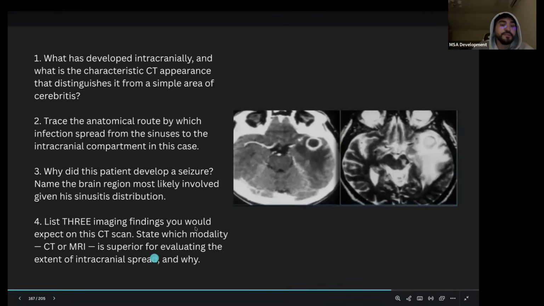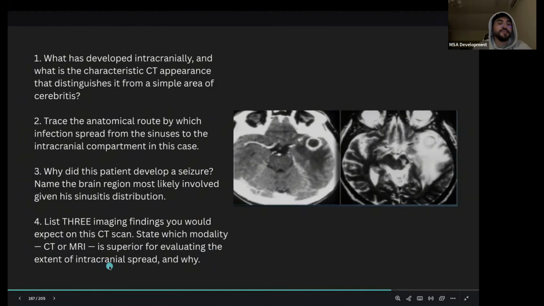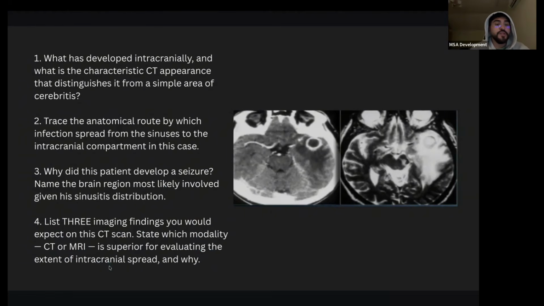Now, list 3 image findings you would expect on the CT scan and which modality, CT or MRI, is superior for evaluating the extent of the intracranial spread and why. So the 3 findings, again: a ringed lesion with a hypodense center, vasogenic edema, and sometimes there could be a midline shift.